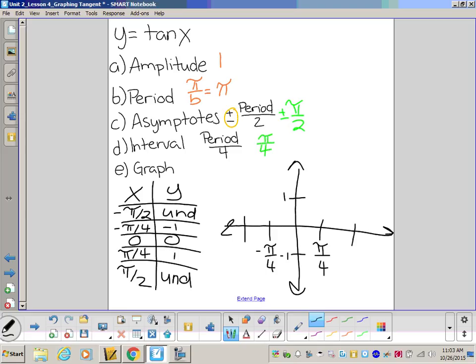So again, what's nice is we're going to just do the basic tangent, so we're not going to shift it. So it's always going to be nice and symmetrical. My asymptotes at negative pi over 2 and positive pi over 2 look like this. And if you don't draw them, the function is incomplete. You have to draw the asymptotes.